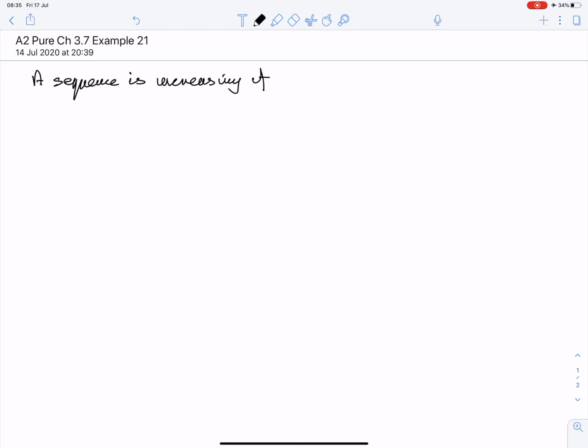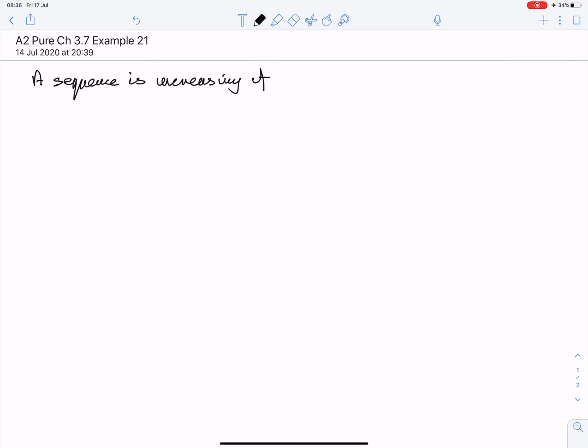If we take a graph, how do we know that a graph is increasing? It has a positive gradient. We take dy by dx, the gradient must be greater than or equal to 0. Well, for a sequence to increase, the next term must be greater than the current term.